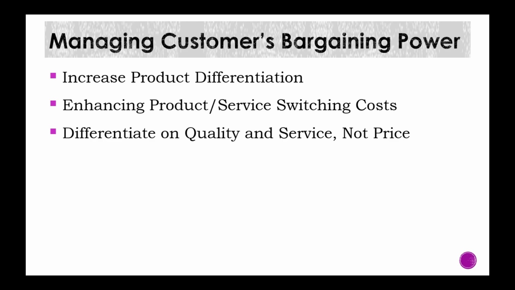Companies should always try to differentiate on quality and service of their offerings and not merely on price, which can eliminate the threat of substitute products, and the bargaining power of the customer can be lowered. Strategies such as low cost advantage or differentiation can also be applied here by the companies to deal with substitute products so as to lower the bargaining power of customers.